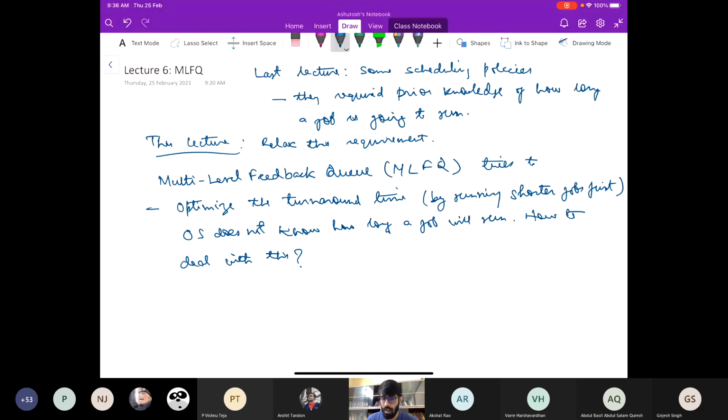Okay. So if you can switch on your cameras also, it will be nicer, so that I can see some faces and get some reactions. If your bandwidth allows, and you also don't mind switching it on. Okay, good.